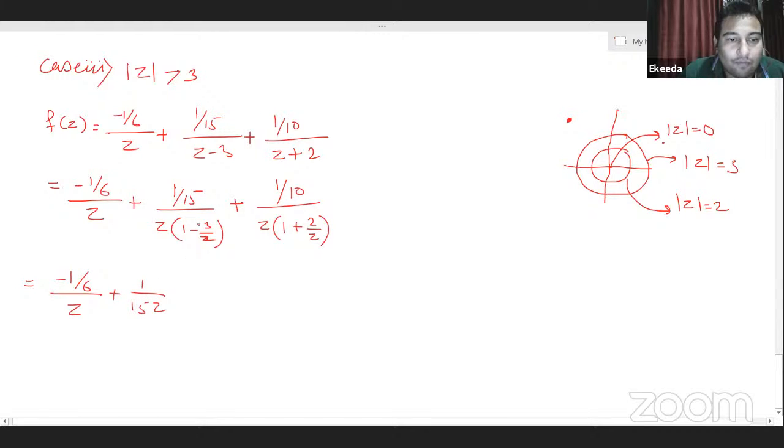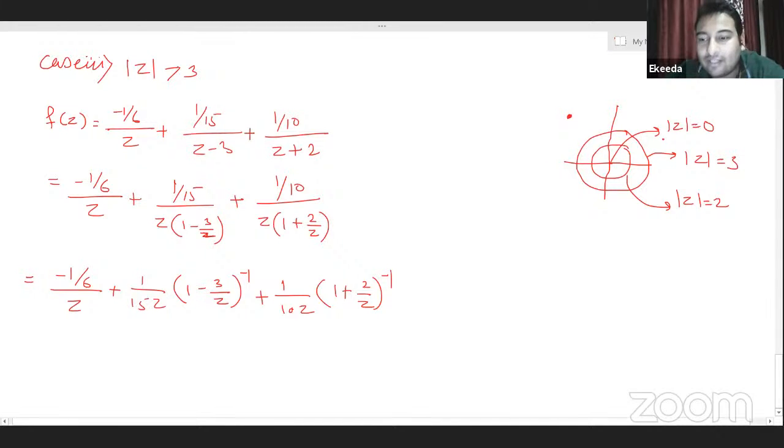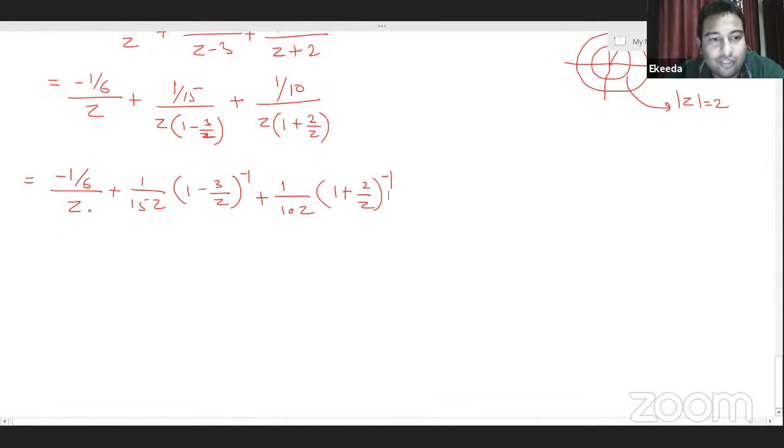So this is 1 upon 15z. 1 minus 3 by z will go up and become inverse. 1 upon 10z. 1 plus 2 by z will go up and become inverse. What is the next step? Expand, and the work is done. So let's do it. Minus 1 by 6z plus 1 by 15z.